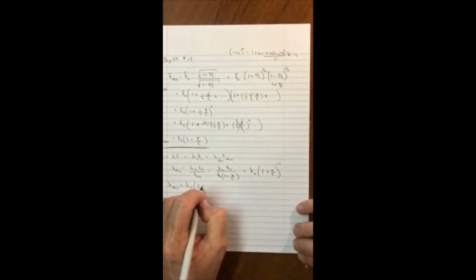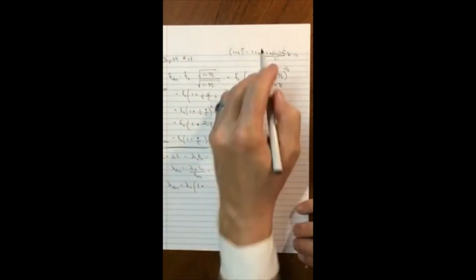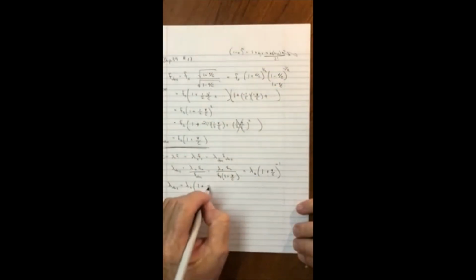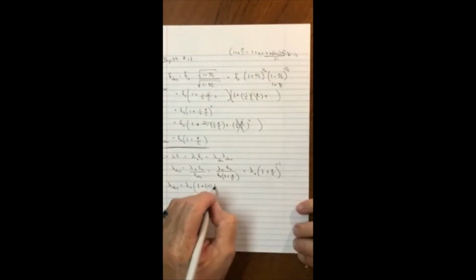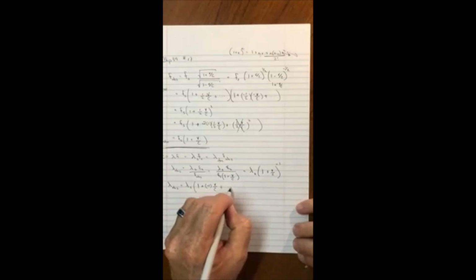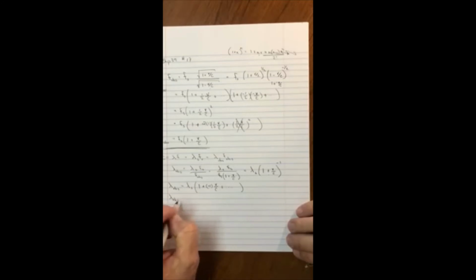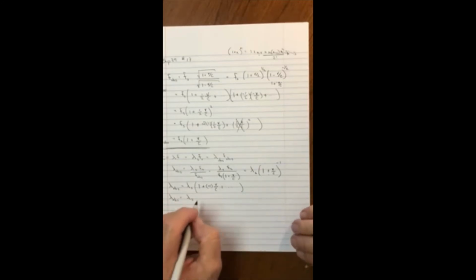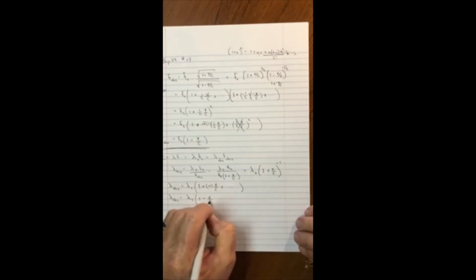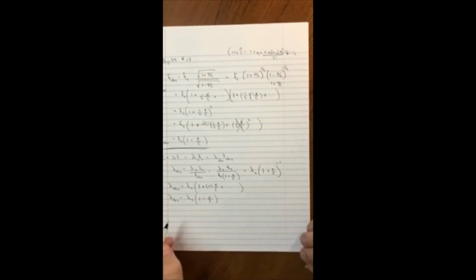So this would be 1 plus, and this time my n is a negative 1, and my x is the V over C, and the higher order terms we ignore. And so this is saying the observed wavelength would be the real wavelength times 1 minus V over C.